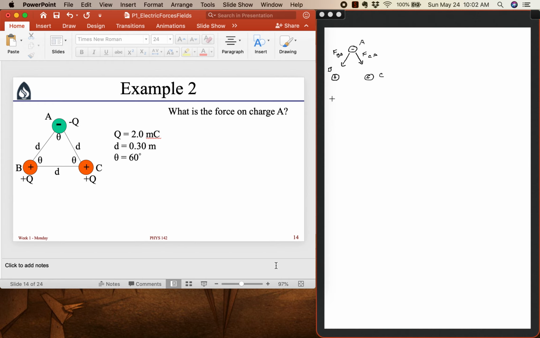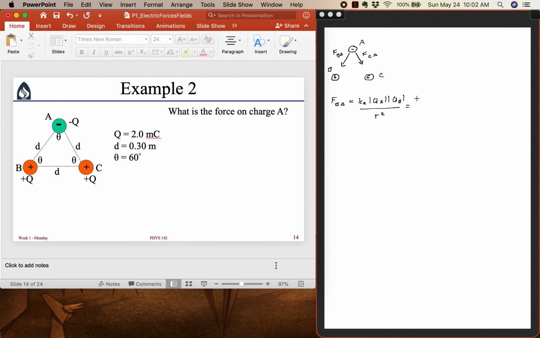So the force of B on A is going to be equal to Coulomb's constant times the amount of charge A times the amount of charge B, and then divided by the distance between A and B squared.